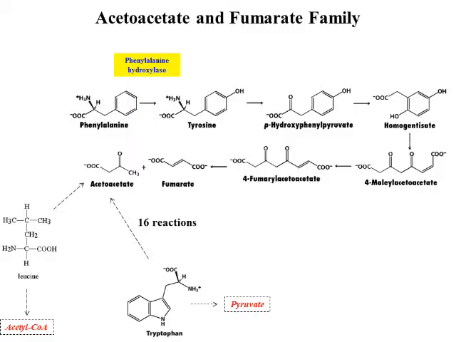Because if phenylalanine is not hydroxylated to tyrosine and then goes through this entire degradation pathway, it's going to go through another pathway. It's going to be transaminated, and the transamination of anything will give us a keto acid. That keto acid is called phenylketone, and that phenylketone will end up in the urine and in other places as well.